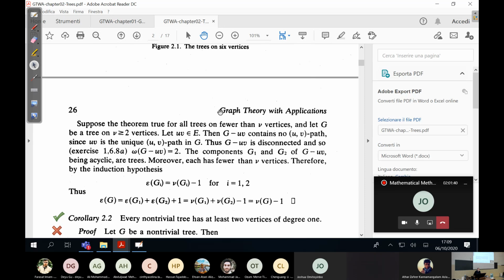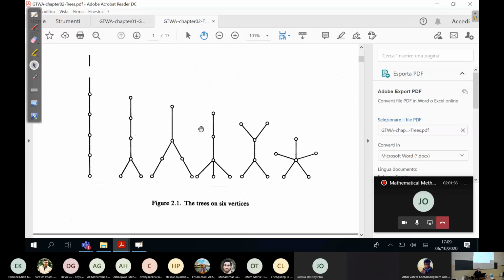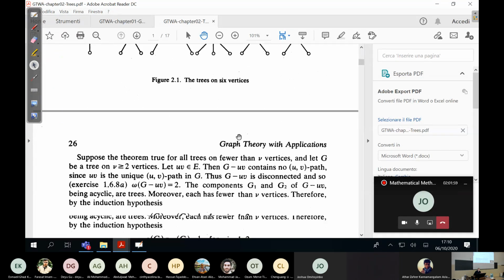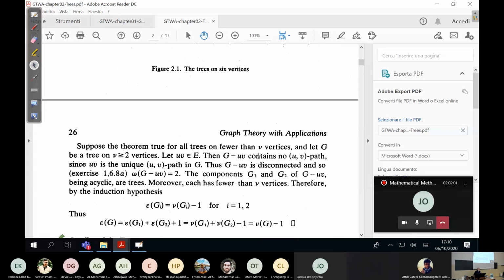Now, let's assume, generally, well, in my version, which is the most used, I said, assume that the thing works for h minus 1 and show it for h. Here we assume that our statement is valid not just for ni minus 1, but for all trees with fewer than ni vertices, not just ni minus 1, but also ni minus 2, minus 3, and so on.